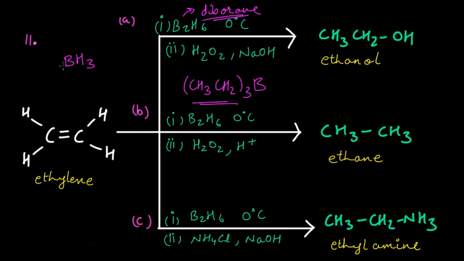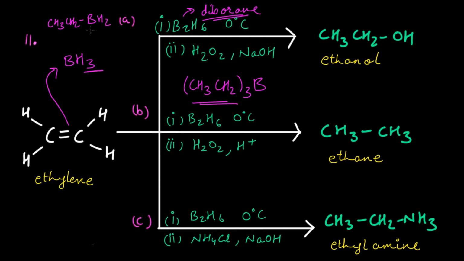Now boron is acting as a Lewis acid in this particular case. It has an empty orbital. This empty orbital will take over the pi bond electrons. Now the pi bond electrons have gone to boron. So one of the carbons will get attached to boron. Now one of the three hydrogens will go to the other carbon. So in the first step you will get CH3CH2BH2.